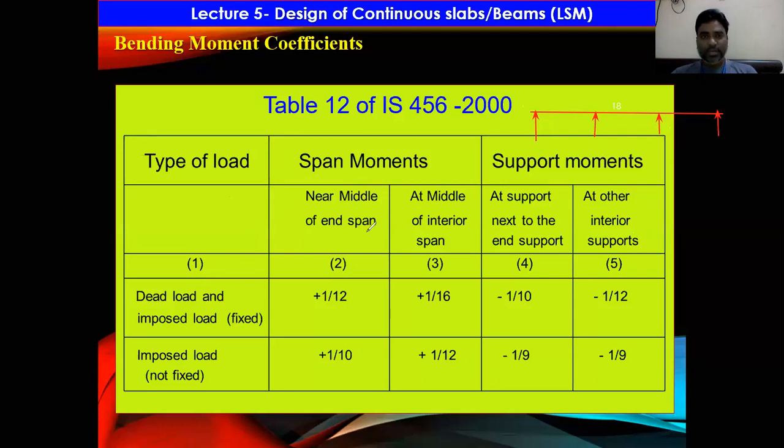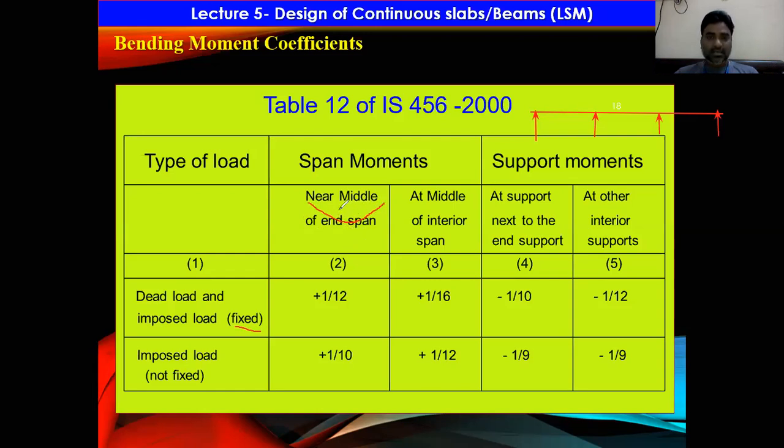These are the bending moment coefficients. Suppose these are the span moments, these are the support moments. For type of load, dead load and imposed load, fixed. Dead loads and imposed loads are fixed. In this case, the bending moment coefficient near the middle of end span.